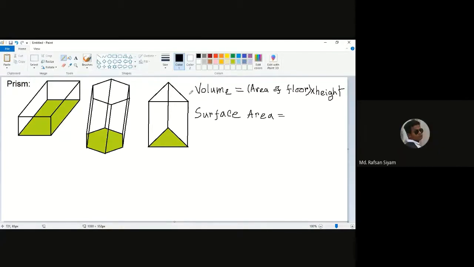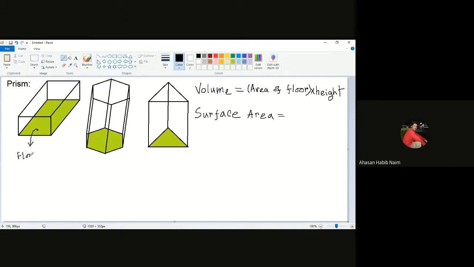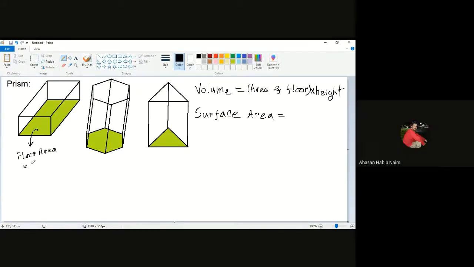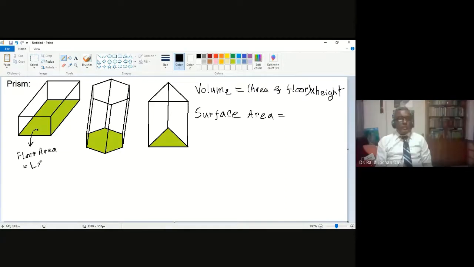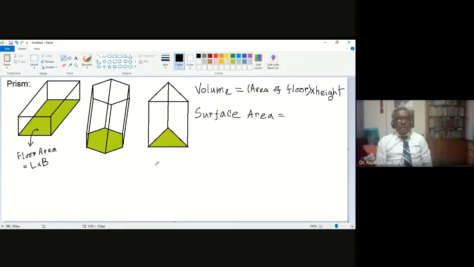So what is the floor area for this? Rectangular, sir. Yes, so what will be the floor area? Length into breadth. And what is the floor area for this?